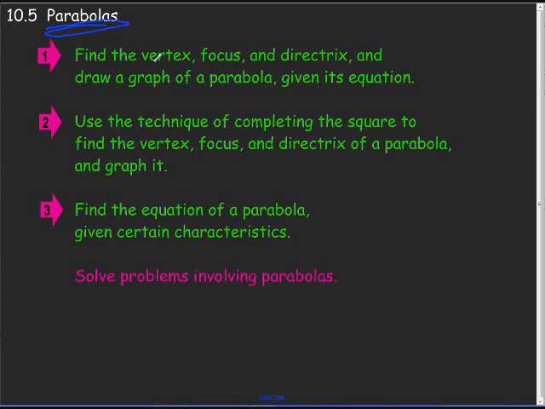You're going to be finding the vertex, the focus, this is something new for us, and the directrix, also something new. These are important items in the definition of a parabola. We'll talk about that in a minute or two.